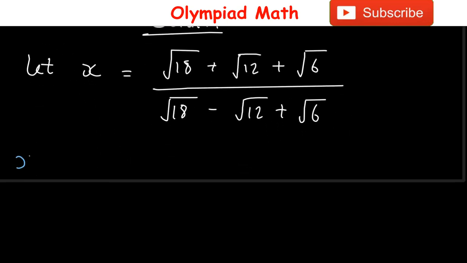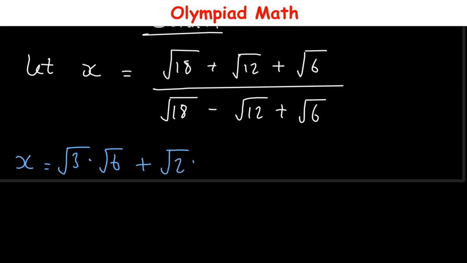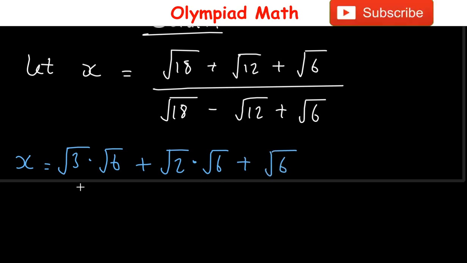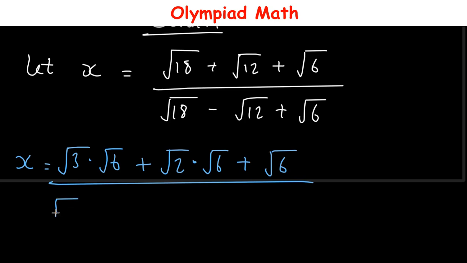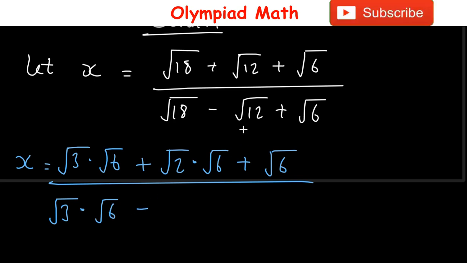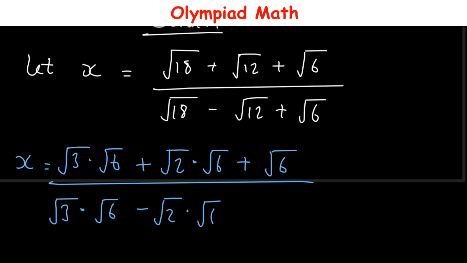We have x equal to, we can write square root of 18 as square root of 3 times square root of 6, plus square root of 12 can be written as square root of 2 times square root of 6, then plus square root of 6, all divided by square root of 18 written as square root of 3 times square root of 6, then minus square root of 12 written as square root of 2 times square root of 6, plus square root of 6.